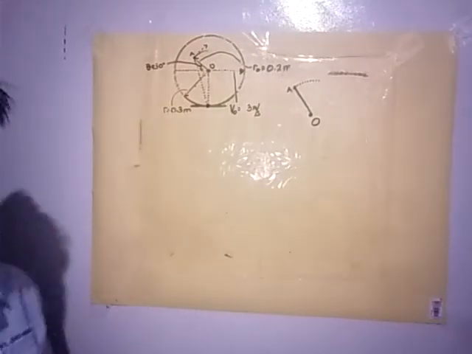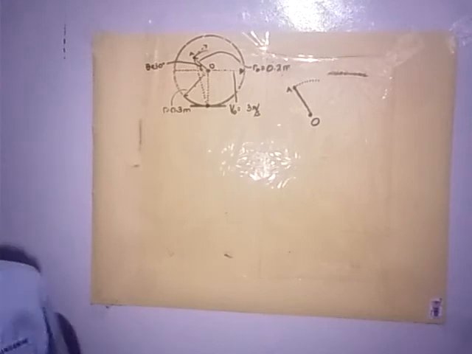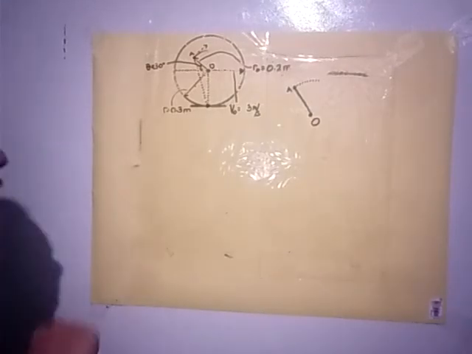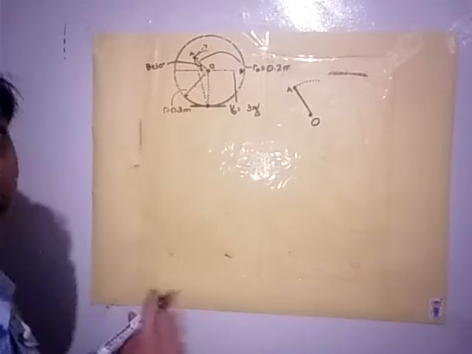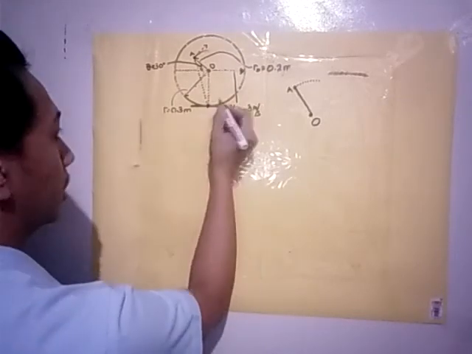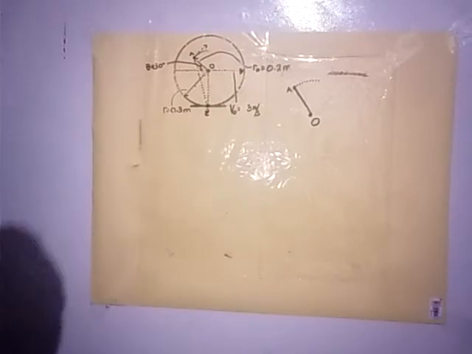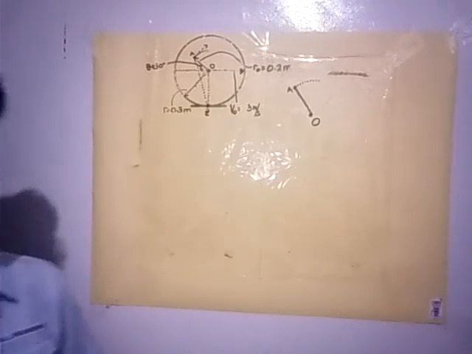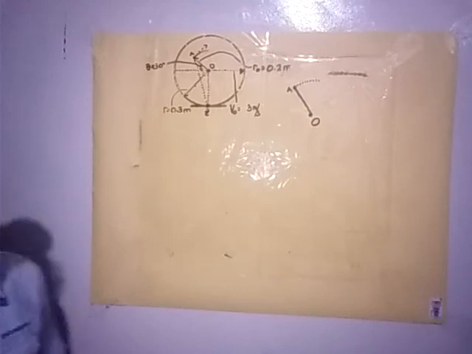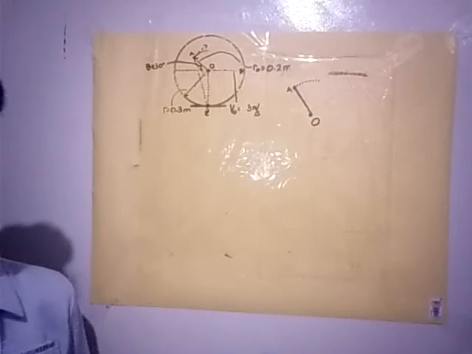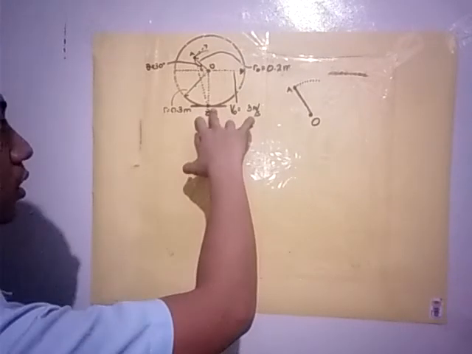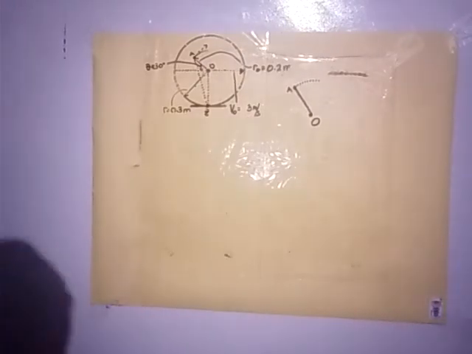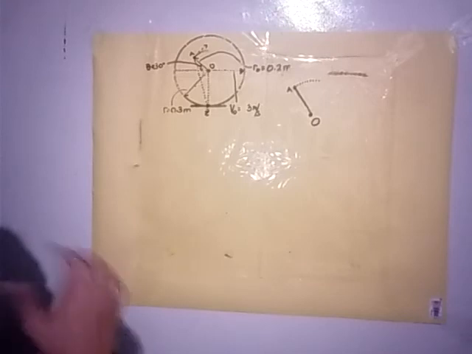So first, where is the instantaneous center of zero velocity? This point is already that center. I name this as Z. Why? Because as the problem said, the wheel rolls to the right without slipping, and without slipping means that the tangent point is the point of the instantaneous center of zero velocity.